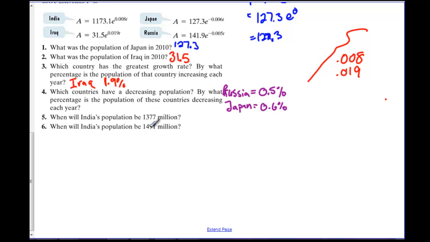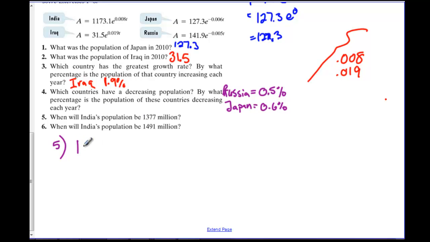When will India's population be 1,377 million? To solve that, what do we do? Almost. We're going to plug that number in where the A is, because that's our final amount.